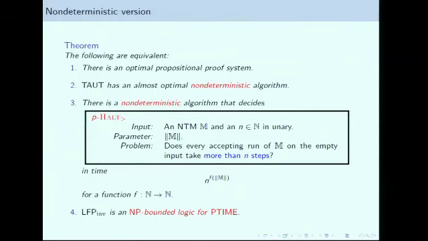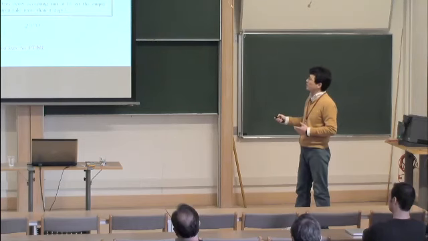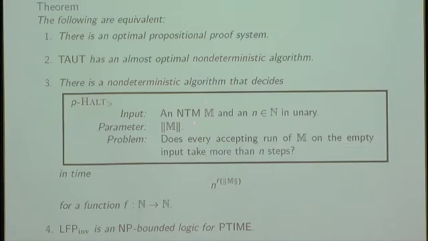This is equivalent to saying that TAUT has an almost optimal non-deterministic algorithm. The definition is similar to the deterministic case, by requiring the running time to satisfy some inequalities.